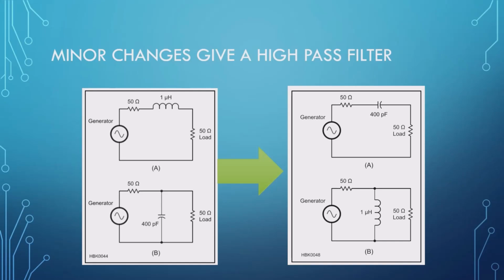So if we have an inductor and let's say our resonant frequency is 3000 megahertz, we can replace the inductor that is resonant at that frequency with a capacitor that is resonant at that frequency, and now we get a high pass filter. Or if we're using a capacitor for our low pass filter, we can replace it with an inductor that is resonant at our cutoff frequency and turn it into an inductive high pass filter.